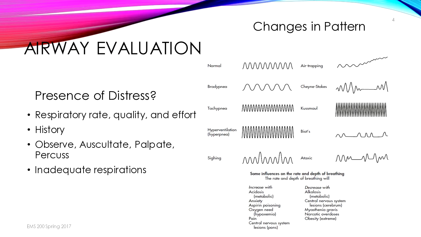Biot's respirations are similar to ataxic respirations, but they're more commonly associated with a head trauma, whereas ataxic respirations can be indicative of a brain lesion. Biot's is also closely related to Cheyne-Stokes, which sometimes indicates a critical brain dysfunction.